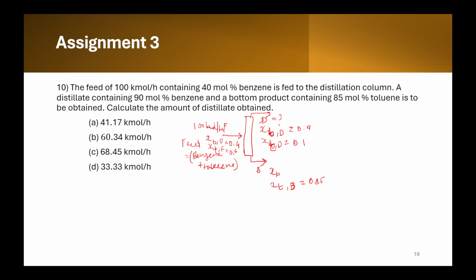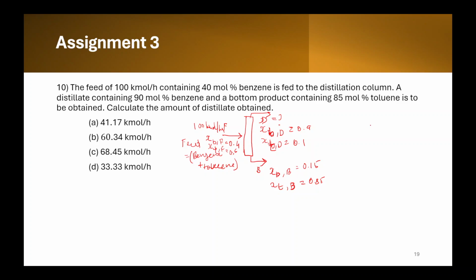And x of benzene in bottoms will be 1 minus 0.85, that will be 0.15. Now we need to calculate the amount of distillate obtained. We don't know B, we don't know D. We only know the flow rate coming in, and the other concentrations are also known.